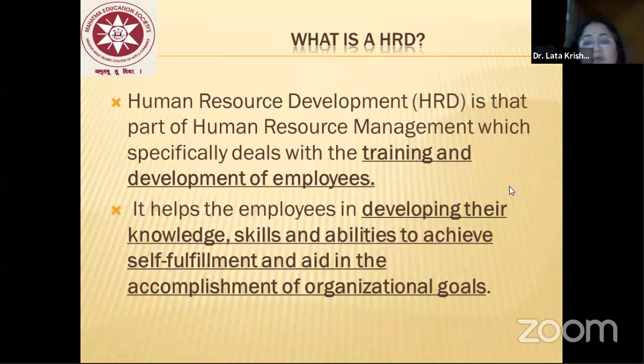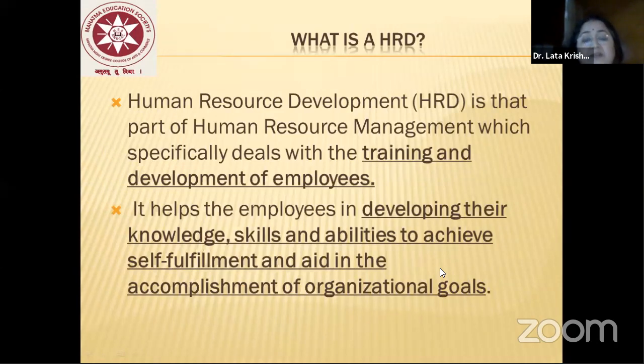Now, these two words, training and development, have to be understood very carefully. So, training is an activity or you can understand a process that is taken on by the human resource manager where he aims at giving new knowledge, skills, trying to develop new aptitudes for the people working in an organization.